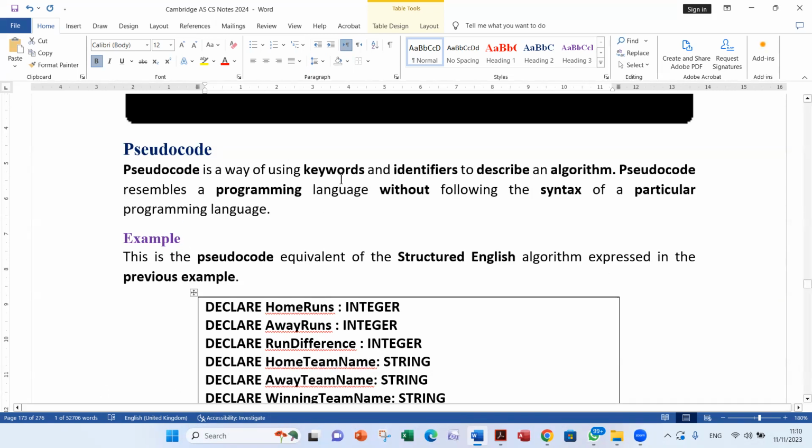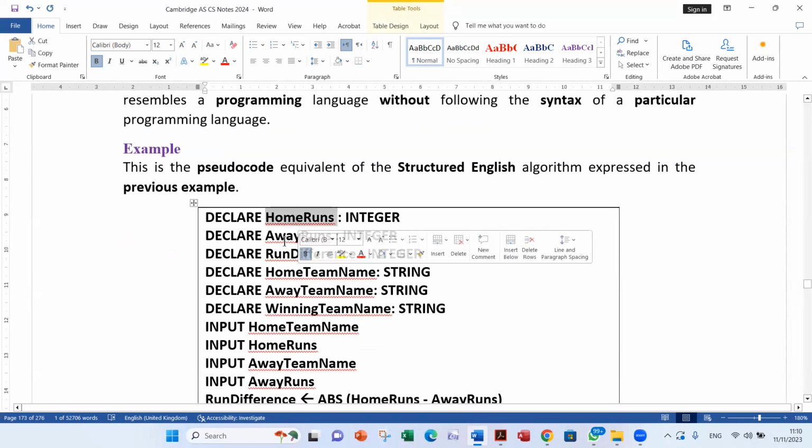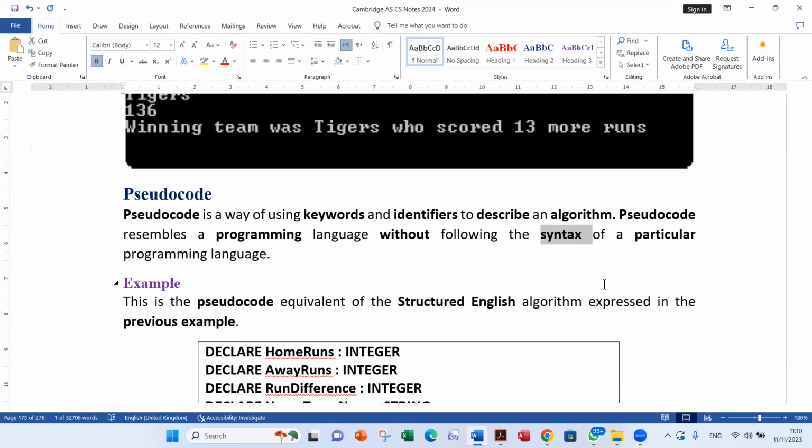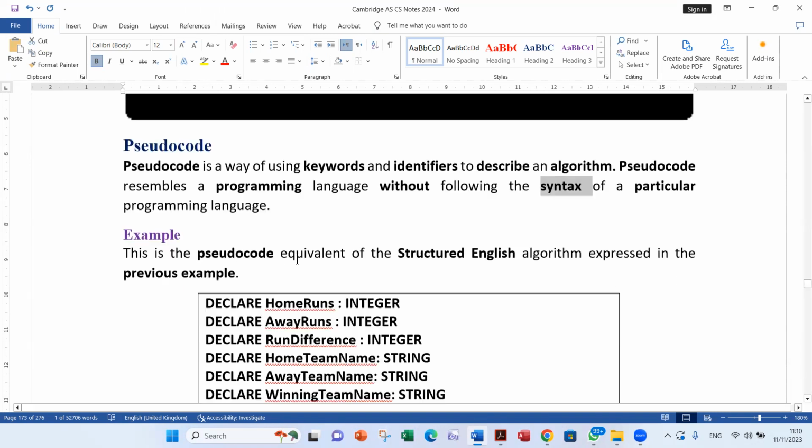Okay, pseudocode. Pseudocode is a way of using keywords and identifiers. Identifiers means variables to describe an algorithm. Pseudocode resembles a programming language without following the syntax. With Python, if you mistype any word, it will not run. Here in pseudocode, it's acceptable without following the syntax of a particular programming language.